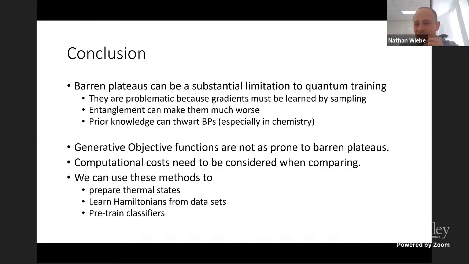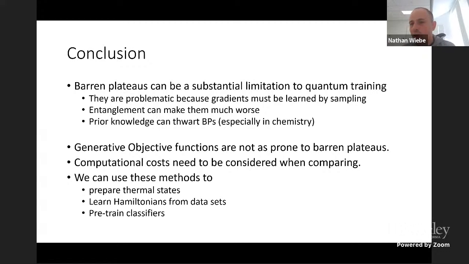And so we need to consider the computational costs of estimating everything within epsilon error. Because one of the dangers, if you don't pay attention to computational complexity, is you may find that you've got an objective function that has no Barren Plateaus, but it may be exponentially hard to evaluate. In that case, sure, you solve one problem, but at the price of the other.